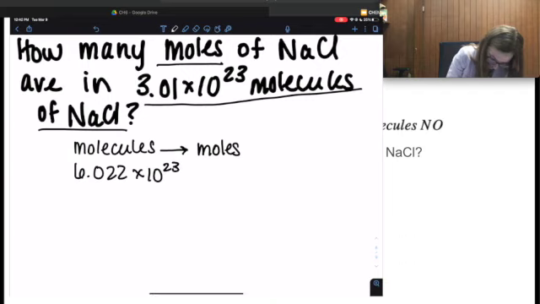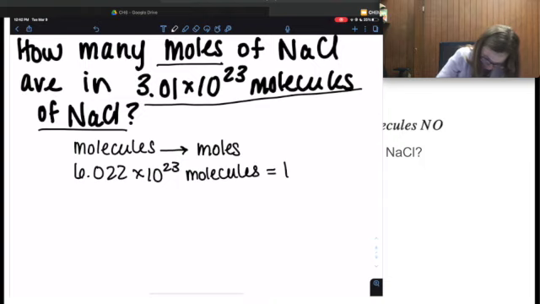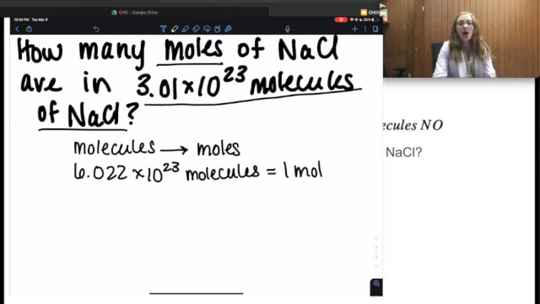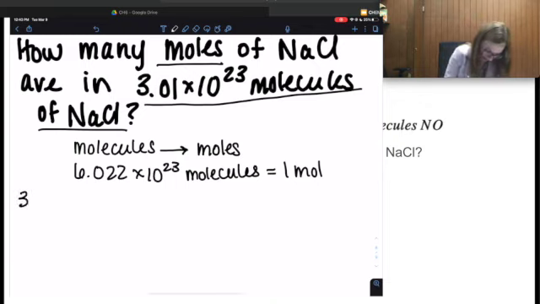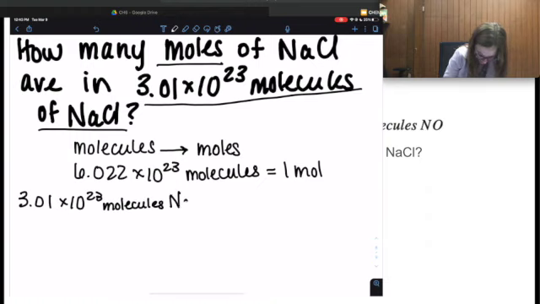So we have 6.022 times 10 to the 23rd molecules, and that equals 1 mole of molecules, okay? So we're going to go ahead and use this information as we've written it to solve our problem. So I have 3.01 times 10 to the 23rd molecules of NaCl.